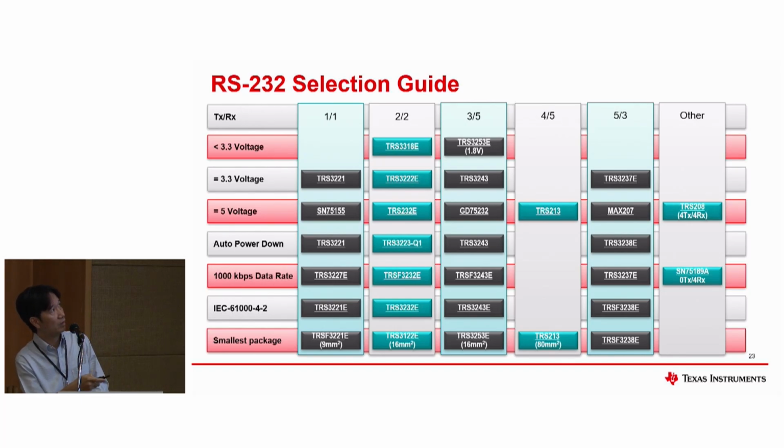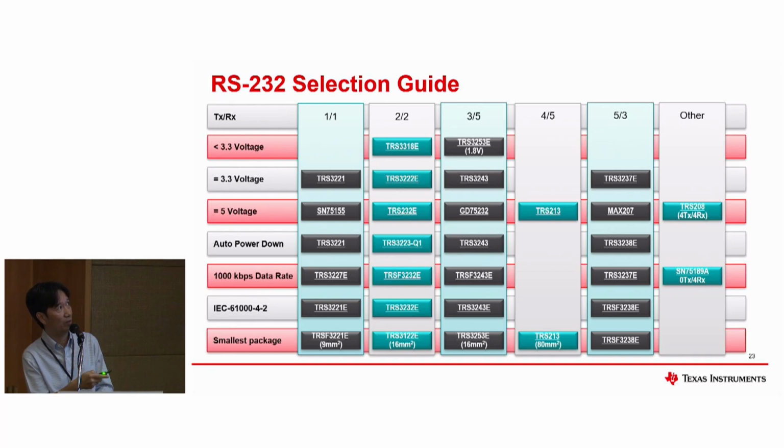One product that I would like to introduce to you here is this one. For example, in some existing designs, your design only uses a 1.8 volts system and you need to look for an RS-232 transceiver.